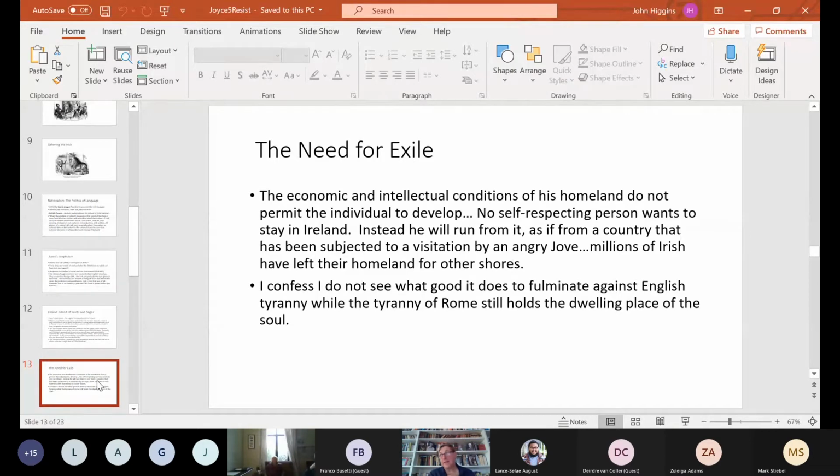So Joyce has a slightly different set of coordinates for rebellion and seeking an identity for a new Ireland.